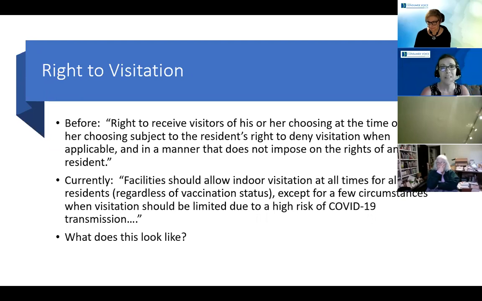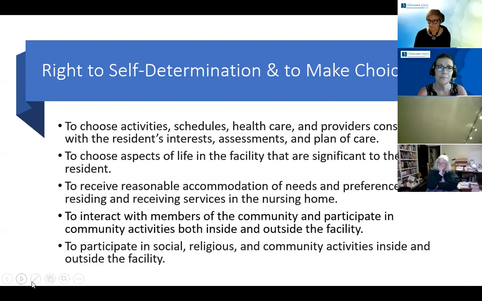But for families that are used to helping their loved ones with eating or hygiene, or for the person on this call who was writing in the chat about your mom's oral care, visiting once a week outside of their room is probably not going to get at the kind of visitation that is necessary for people. So we still have a really long way to go. And so I'm going to turn this over to Robyn to talk a little bit about residents' rights to self-determination.